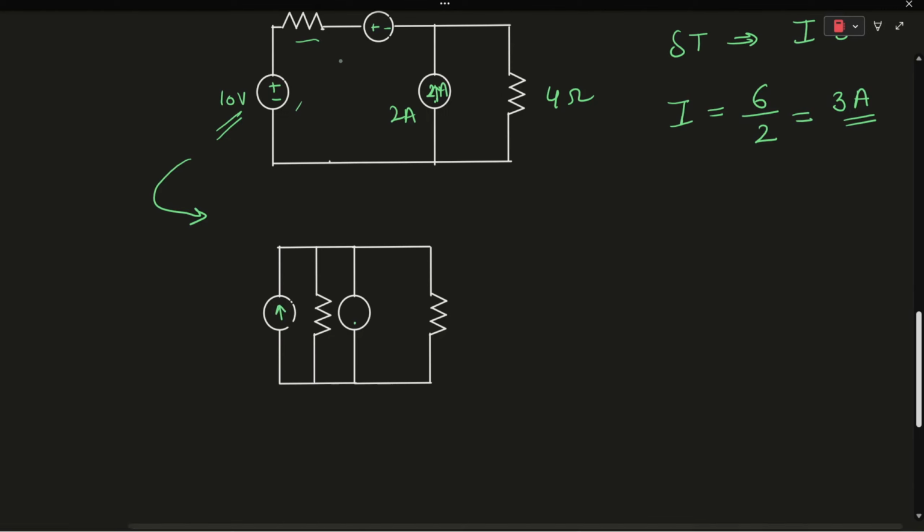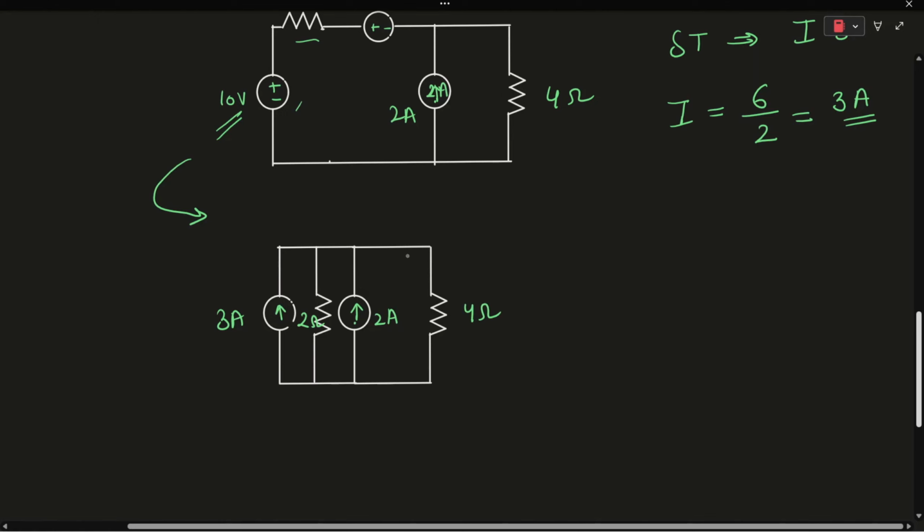So this will be 3 amperes in parallel with a 2 ohm resistor. This will be the current source of 2 amperes, and this will be the 4 ohm resistor. In order to find the current in the 4 ohm resistor branch, we can simply apply the current division principle. Since these two currents are flowing in the same direction, we can add them.